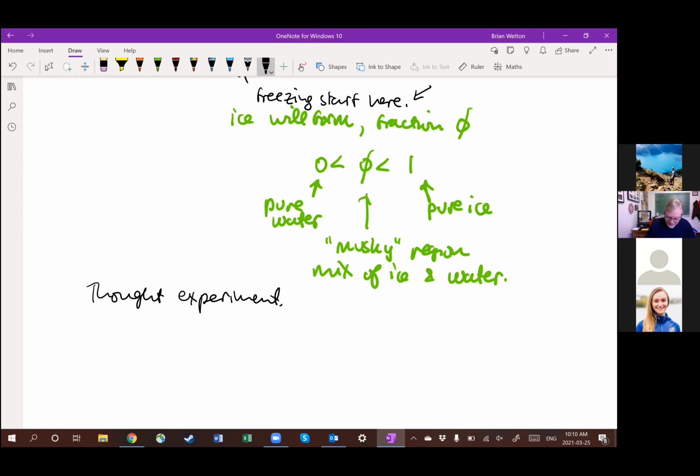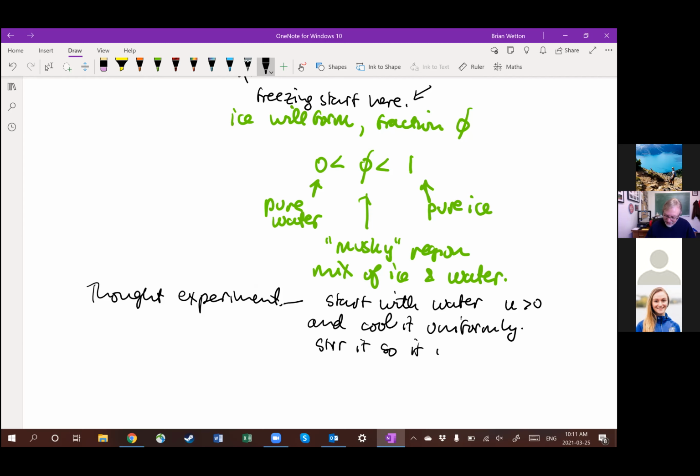Okay, so in my thought experiment, I'm going to start with water, temperature positive, and I'm going to cool it uniformly. And I'm going to stir it so it has uniform behavior in space.